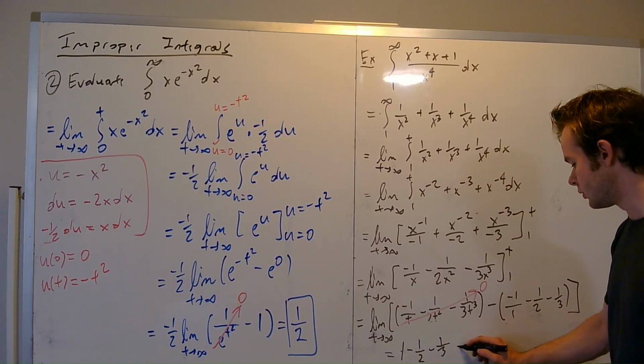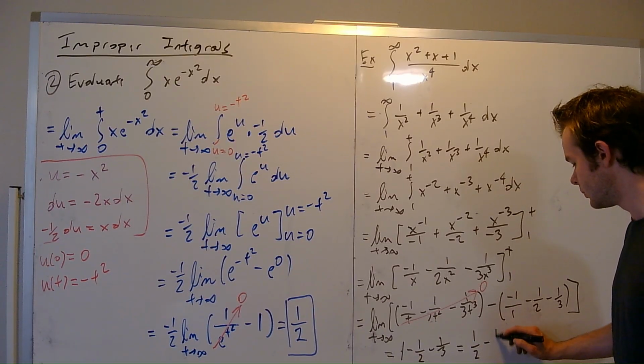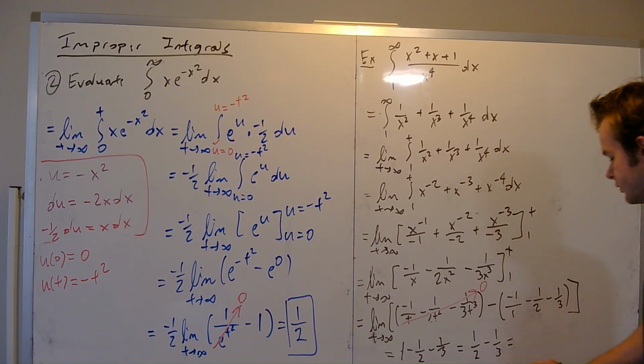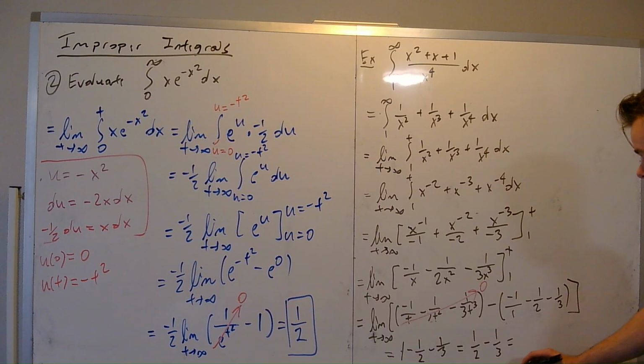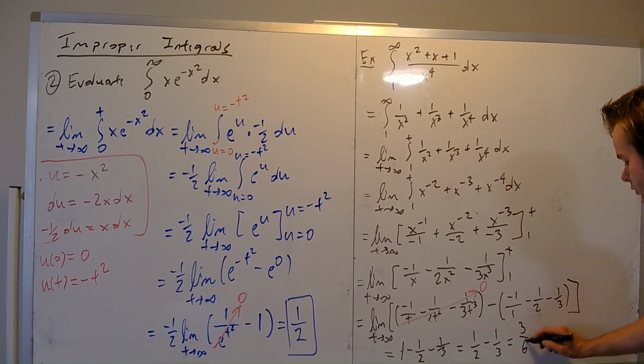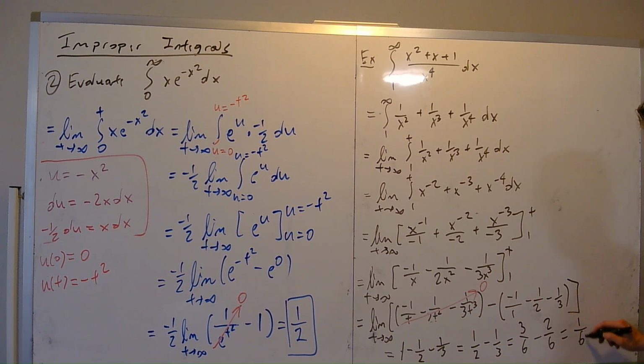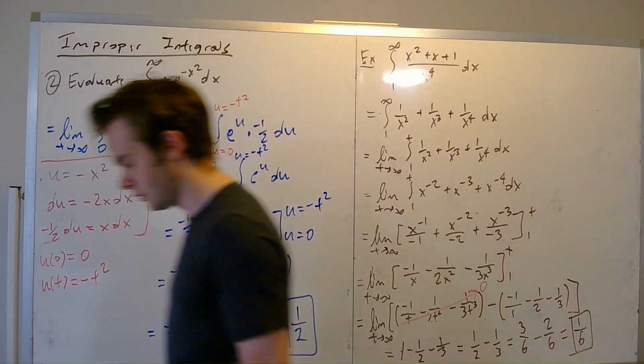Right? So that's the same thing as 1/2 minus 1/3, which is the same thing as, multiply the top by 3, you get 3/6 minus, multiply the other by 2, 2/6, and this is 1/6. So this is our final answer. We just found the final answer.